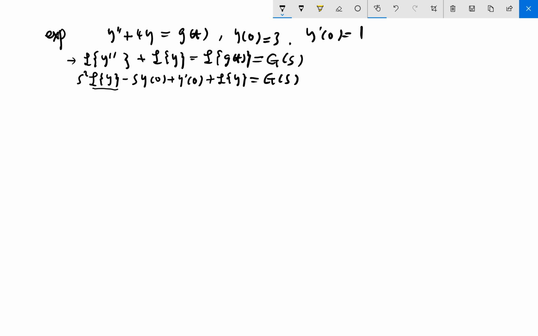We call this one capital Ys, right? So we got s squared capital Ys minus s times y0. y0 equals 3, so 3s. y prime 0 equal to 1, so plus 1. Then plus another capital Ys equal to G sub s.